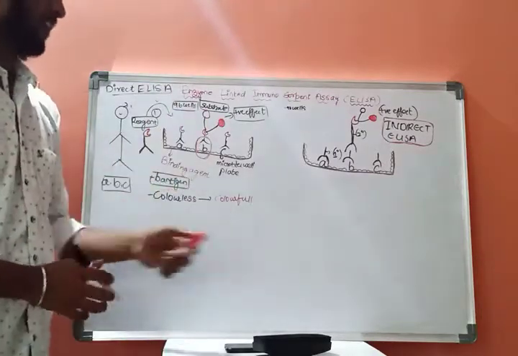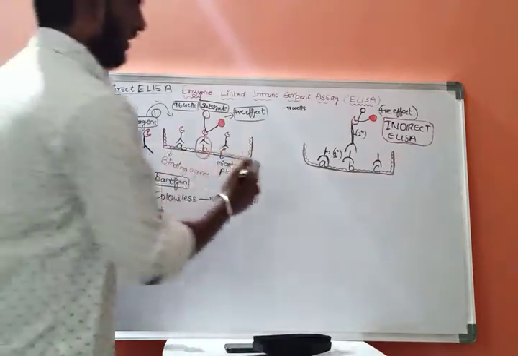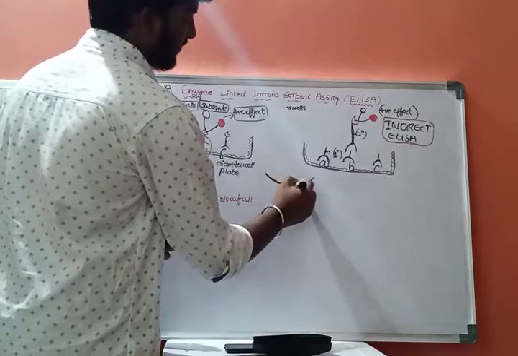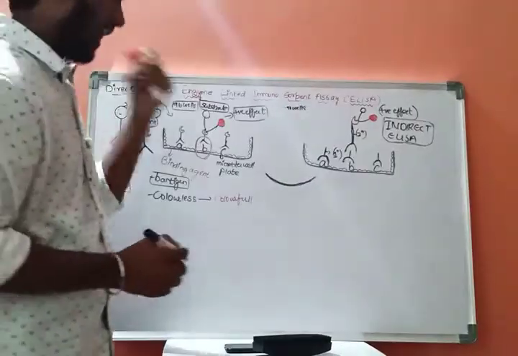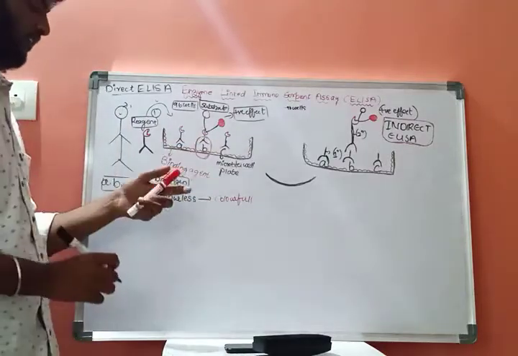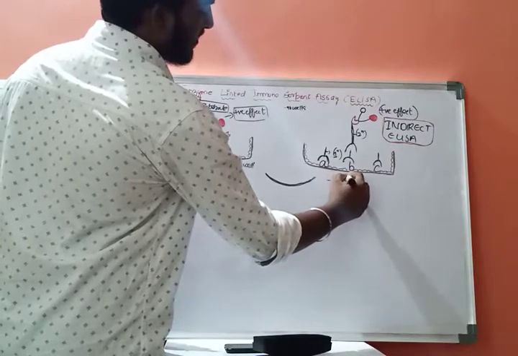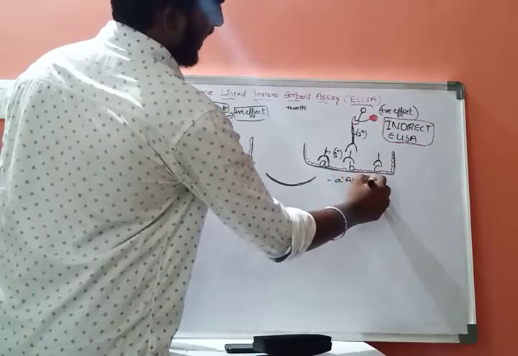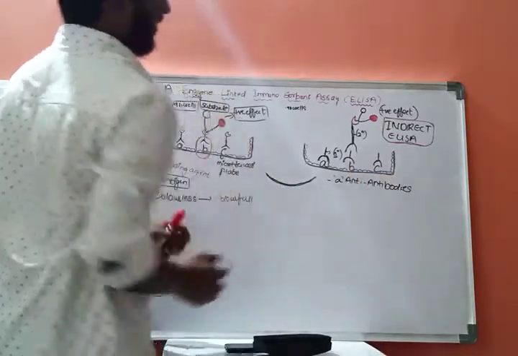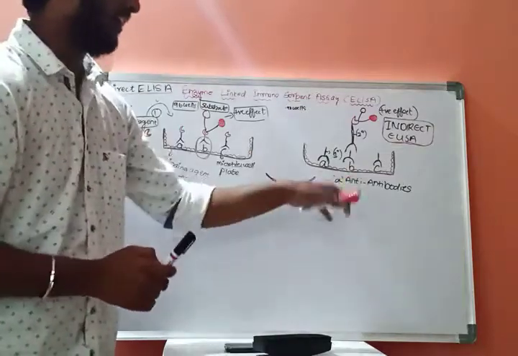There is one more experiment. Let us consider a microtiter well plate like this, in which I want to examine my own blood sample to see whether it contains A type of antibodies, anti-A antibodies.